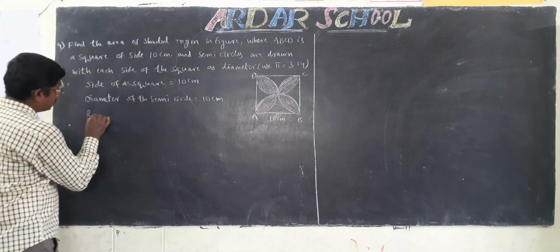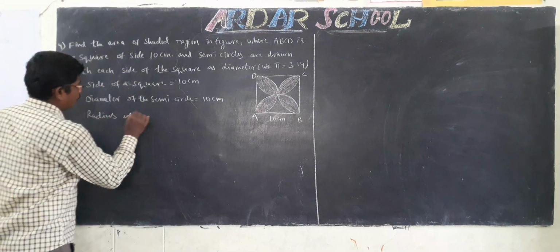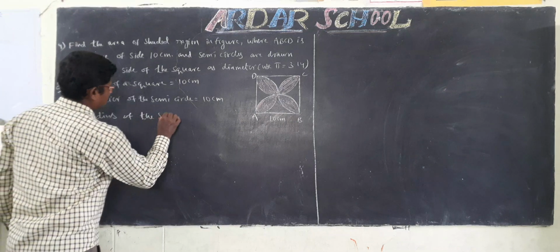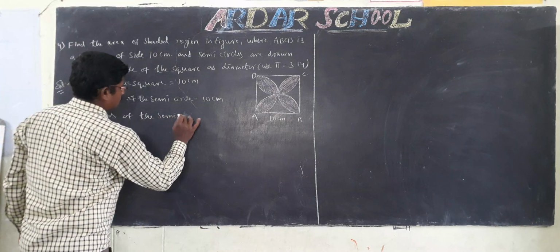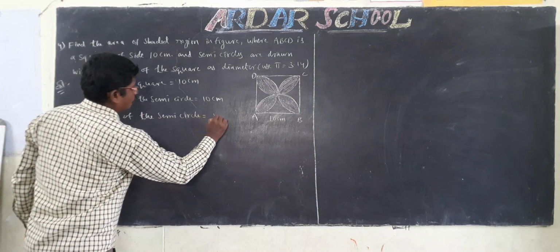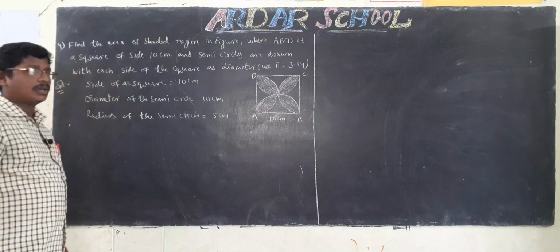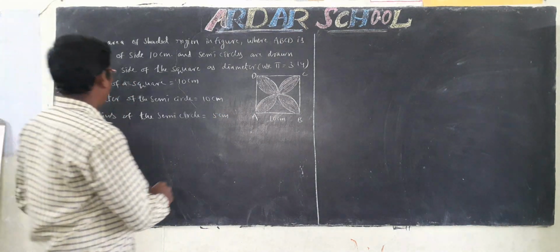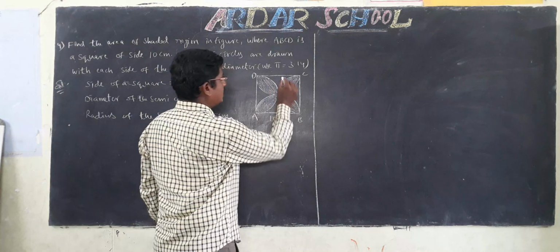What is the radius? The radius of the semicircle is 5 centimeters.